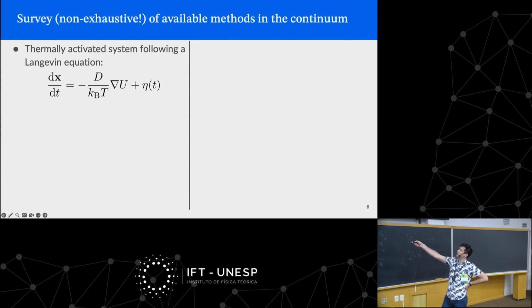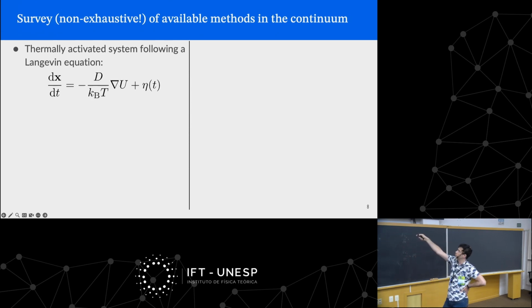So this is the derivative of the position. This is the force, the gradient of the potential U, up to the sign, and then the eta here represents some noise, so white noise.